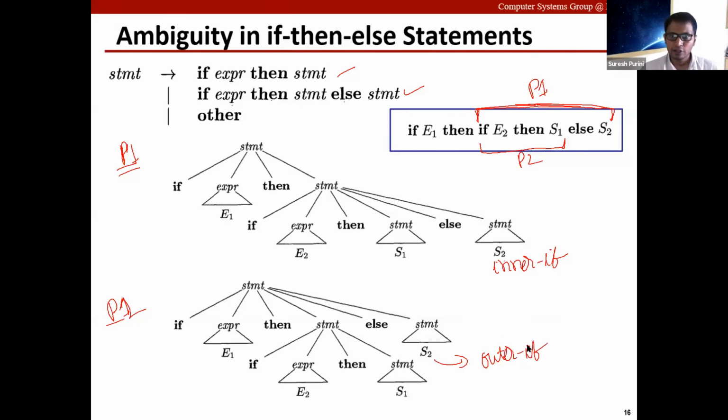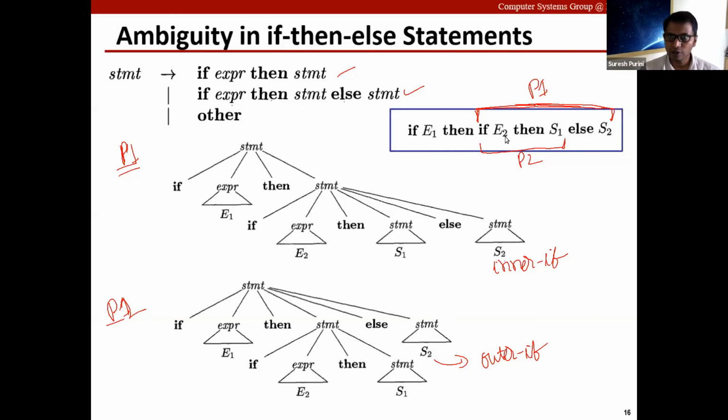So there is an ambiguity here, a very bad ambiguity. It can lead to disastrous consequences in your program. The semantics given by the programming language designer is always to match the statement to the closest if. For S2, the closest if is the inner if.